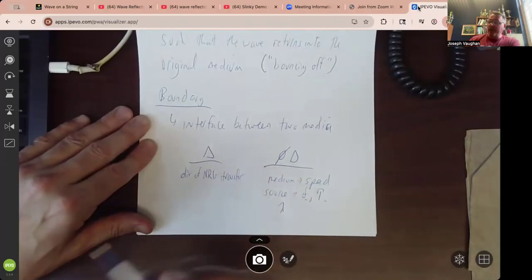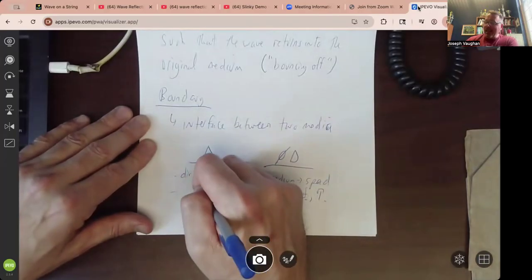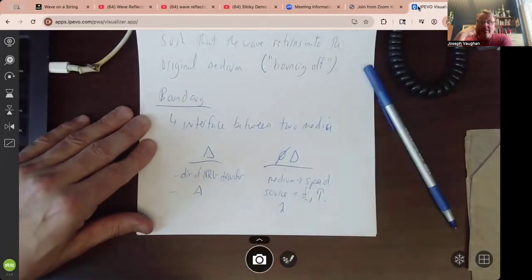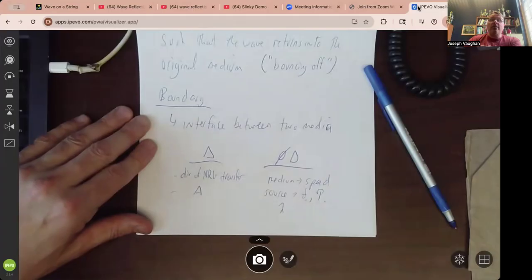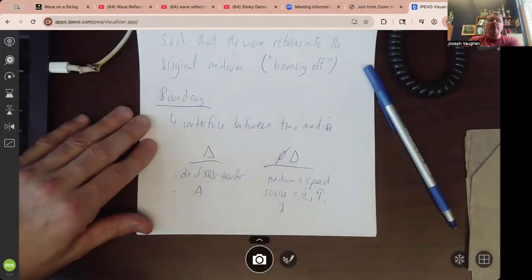Now, something that I want to talk about, what does change is the amplitude. The reflected wave is always going to have an amplitude that is smaller than the original wave. So why is that smaller than the original wave? Well, we're not seeing that in the simulation because that is a perfect situation. We saw it a little bit in the videos. It's easier to see in some other demonstrations, but if you can imagine the wave energy traveling down, encounters that boundary, it moves that boundary, and it's trying to transmit energy into the new medium.